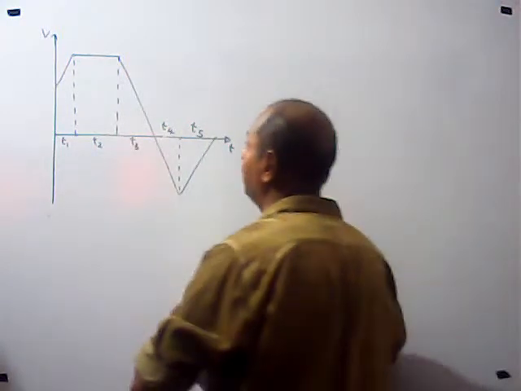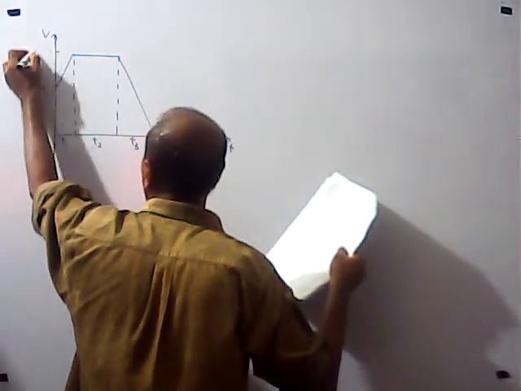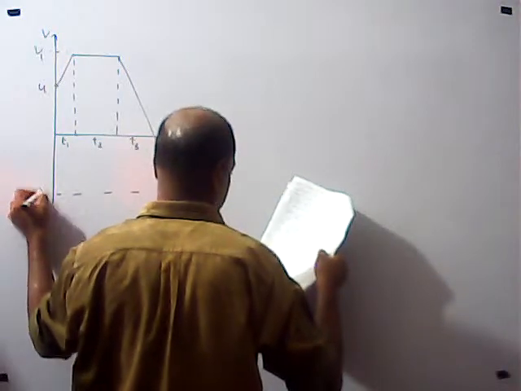We have given velocities u, v1, and negative v2.